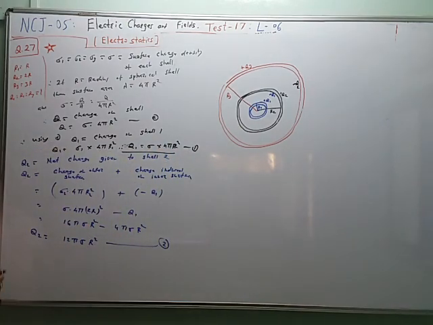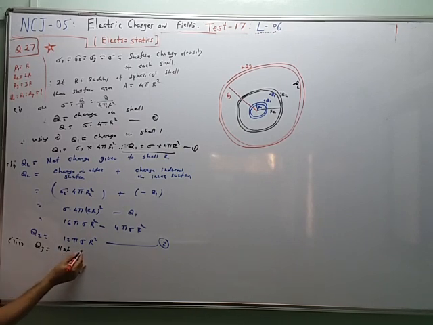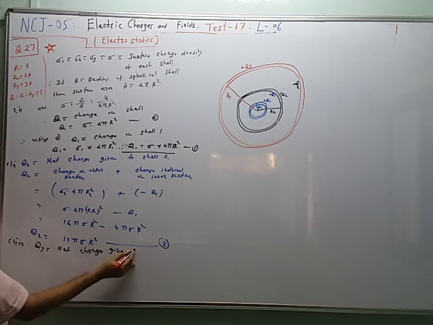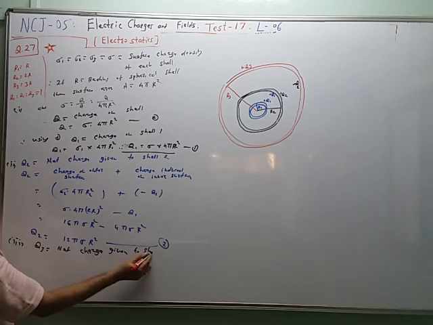So Q3, this is the first calculation, this is the second calculation, this is the third calculation. Q3 is the net charge given to shell number 3.